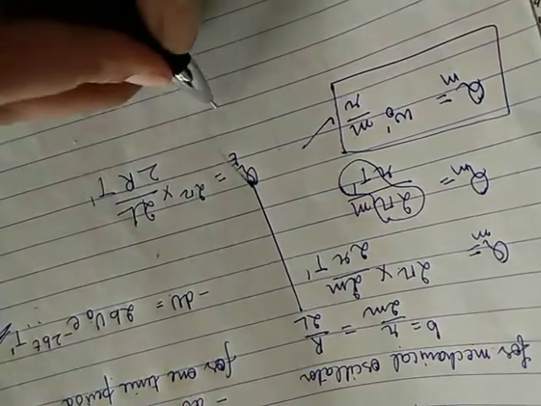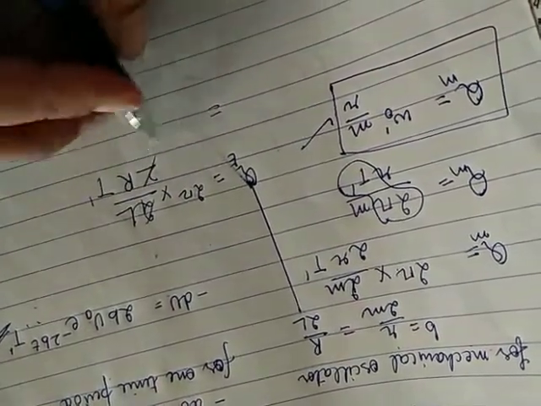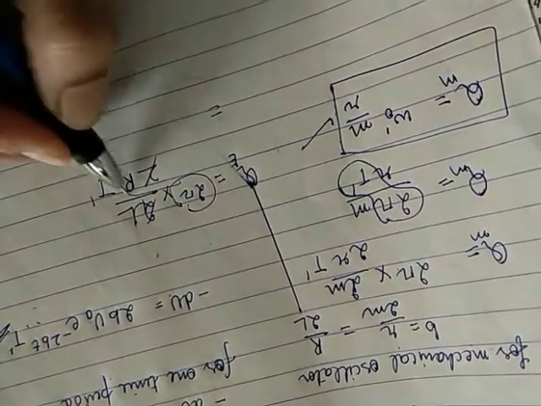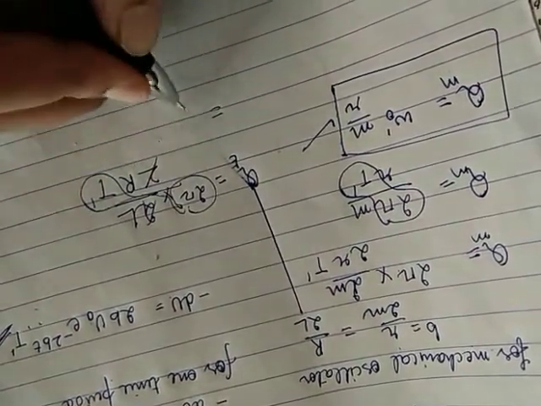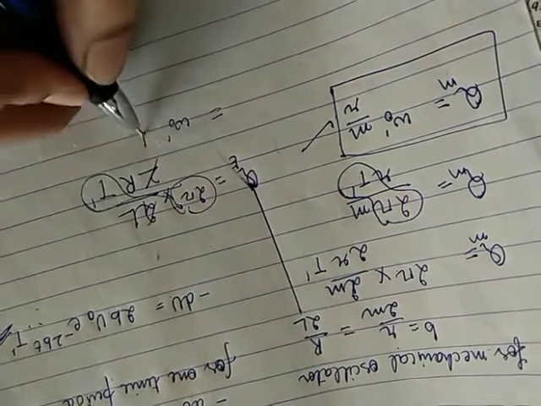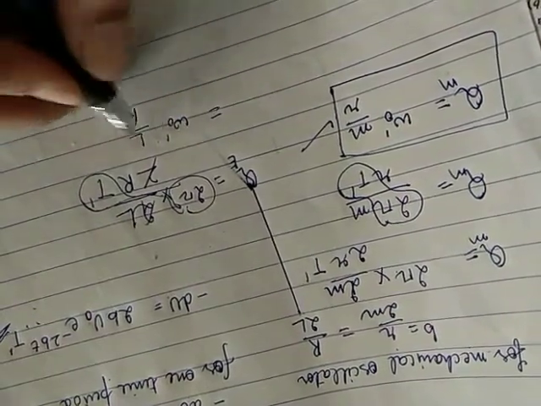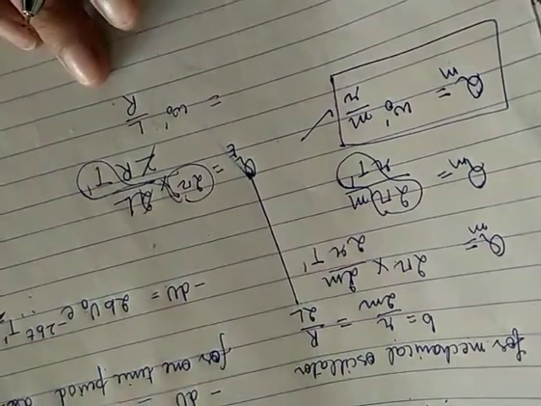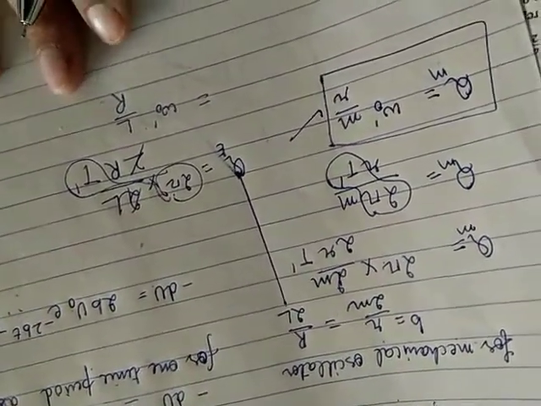Again 2 would cancel. So I will have 2 pi upon T dash, which I would replace by omega naught dash, times L upon R. This relation is for the electrical oscillator.